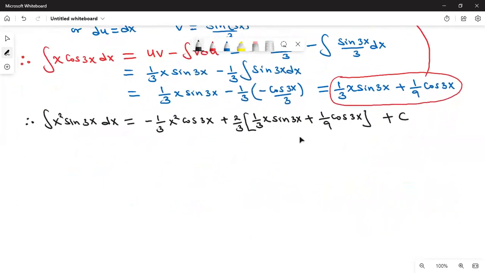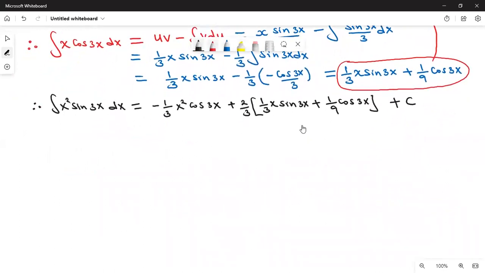We can also simplify this. Let's see, when you simplify, what do you get? This will give us negative 1 over 3 x squared cosine of 3x, then plus 2 over 9 x sine 3x plus 2 over 27, and that is supposed to be cos 3x, plus c.